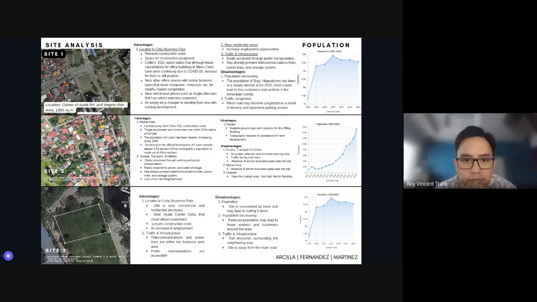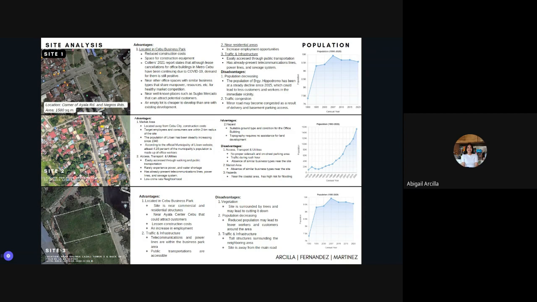Good. For site two, it is located in Poblacion, Liloan, near Titays, and the total area is approximately 1,900 square meters. For its advantages, it is located away from Cebu City, therefore construction cost is cheaper.